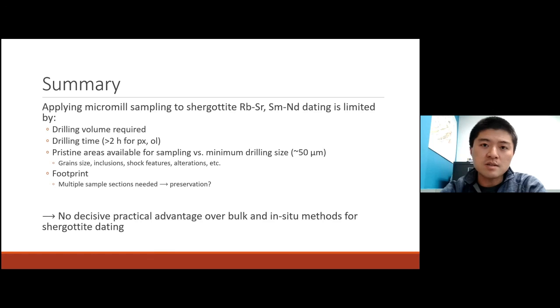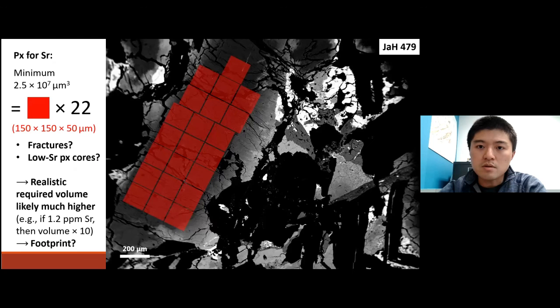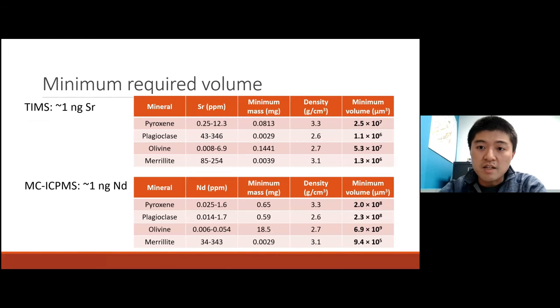In those cases, I would say hundreds of micrograms of material get drilled out. Let me flip back to the estimate here. The estimate here is much larger than that, so you'll need quite a few micrograms out of these as well.